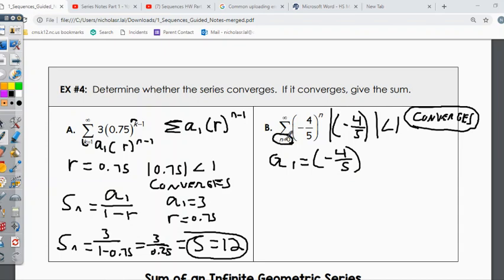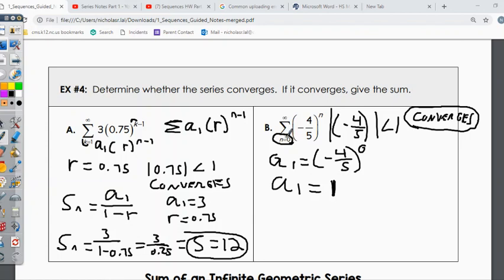So if our index value is 0, then a1, the first term, would be when n is equal to 0. So that's our starting value. So a1 is negative 4/5 to the 0. Anything to the 0 power is 1, which means a1 is equal to 1. So always look at your index, which is the value that you start with.